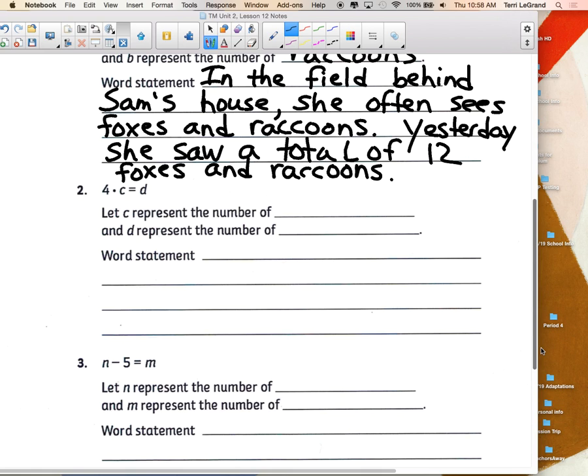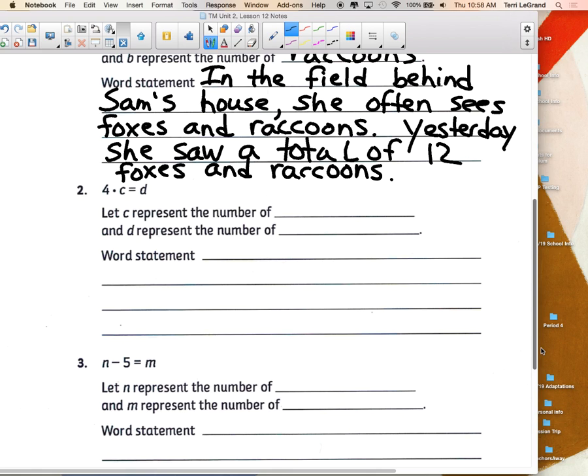That equation would represent, yesterday she saw A number of foxes, she saw B number of raccoons, and the total of them is 12. So then if she says to you, I saw 3 foxes yesterday, then you would be able to say how many raccoons she saw. How many raccoons did she see then? 9.